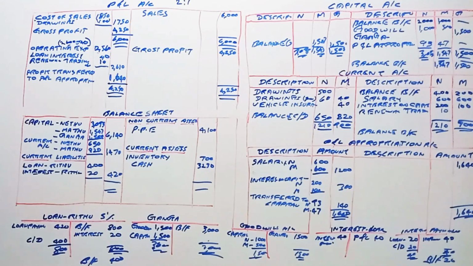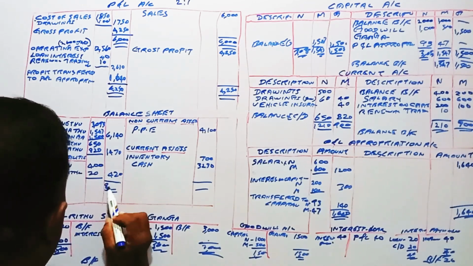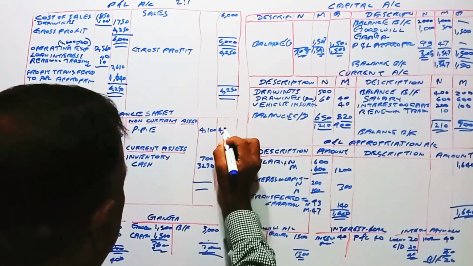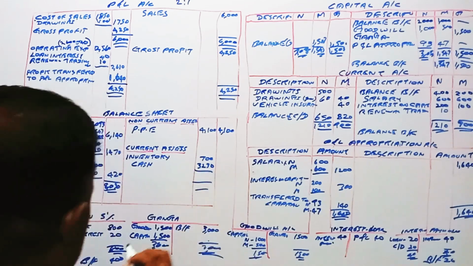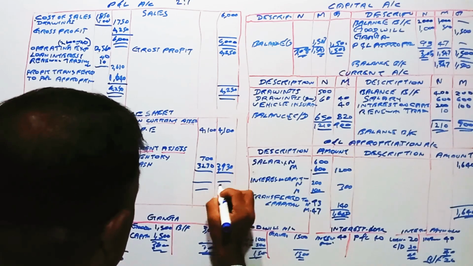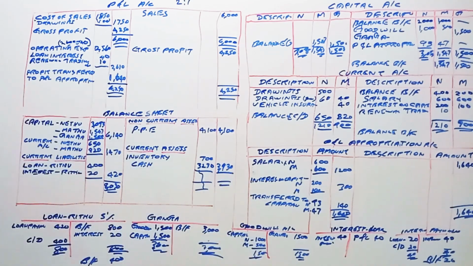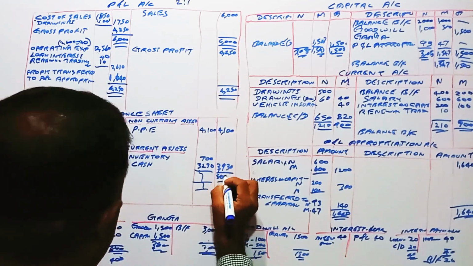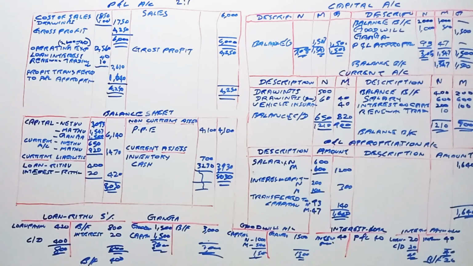This is okay. 640 plus 1,470 plus 420, 8,030,000, right? This is 4,100,000 and this is 3,930,000, right? For 8,030,000, right? It is balanced, right?